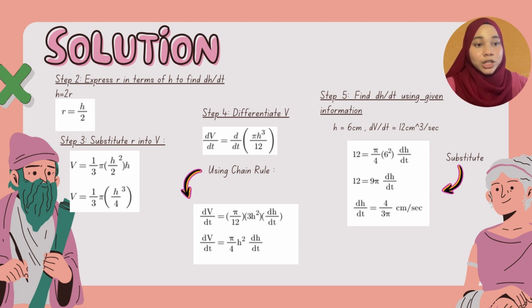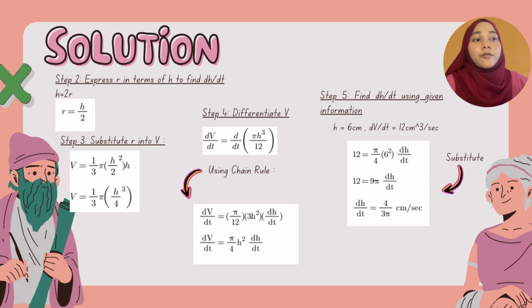And then by using chain rule, we get dV over dt is equal to pi over 12 times 3h squared dh over dt. And then we get dV over dt is equal to pi over 4 h squared dh over dt.